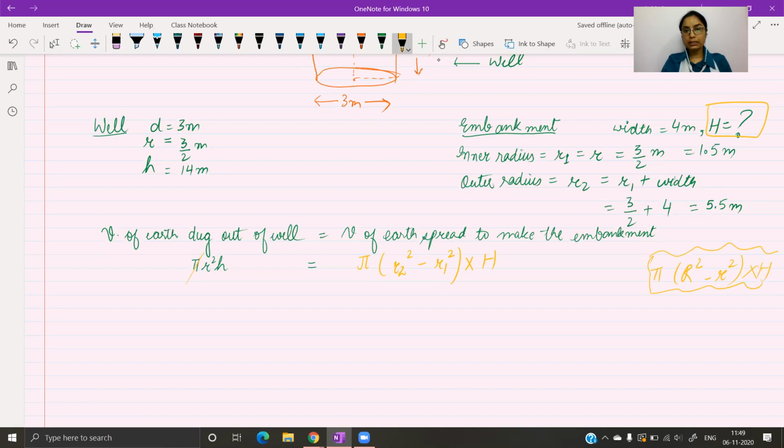Use the values, pi gets cancelled. You have (3 by 2) squared multiplied with 14 equals (5.5 squared minus 1.5 squared) multiplied with H. Simplify and obtain your answer.